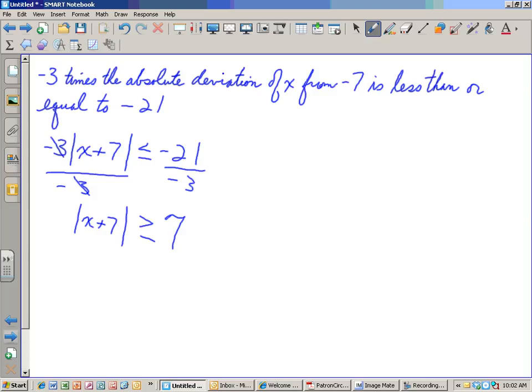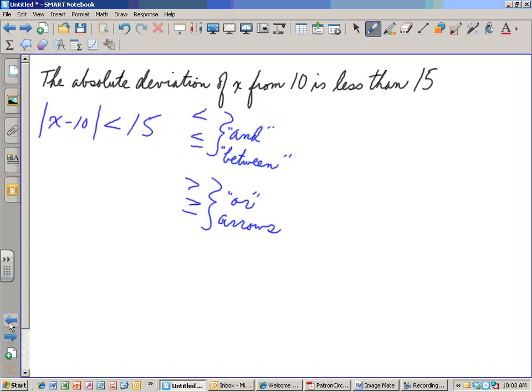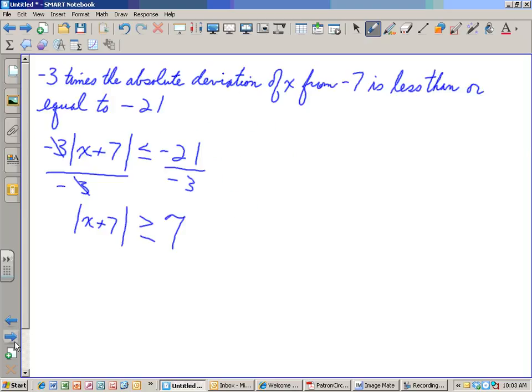How did you change it to a positive 7 and a negative 7? Remember the first example I gave you, where it said the absolute deviation of x from 10 is x minus 10? Well, the next one I said the absolute deviation of x from negative 7, so it becomes x plus 7.